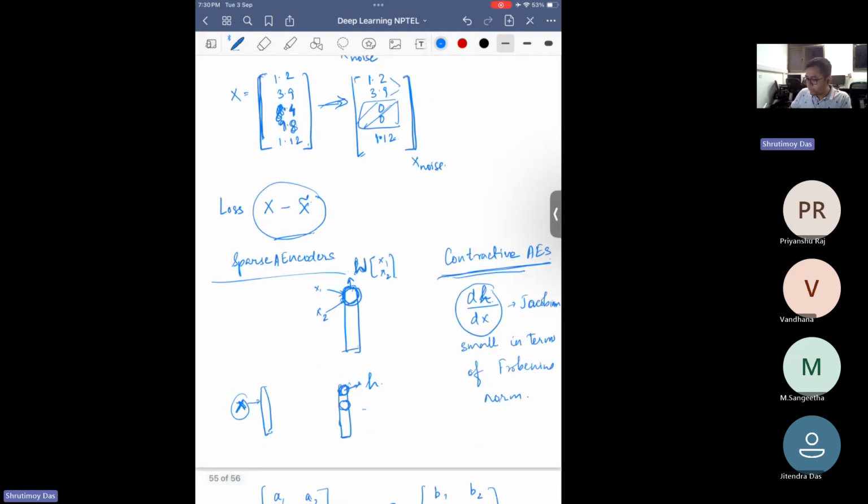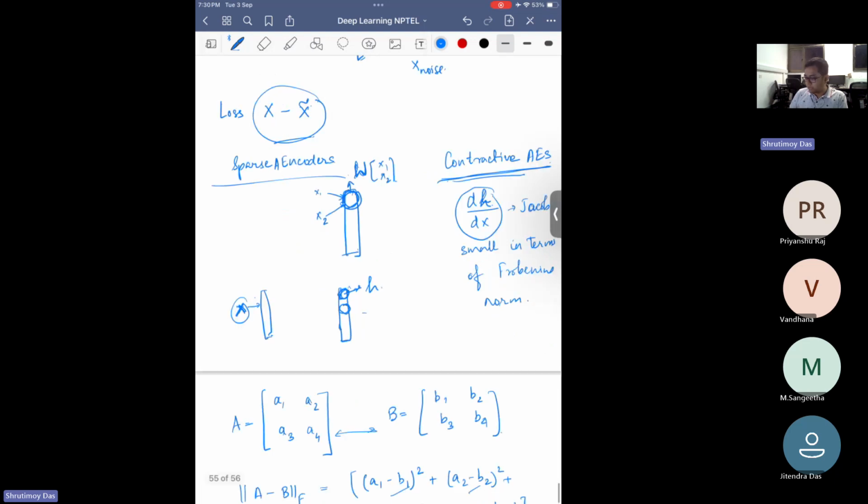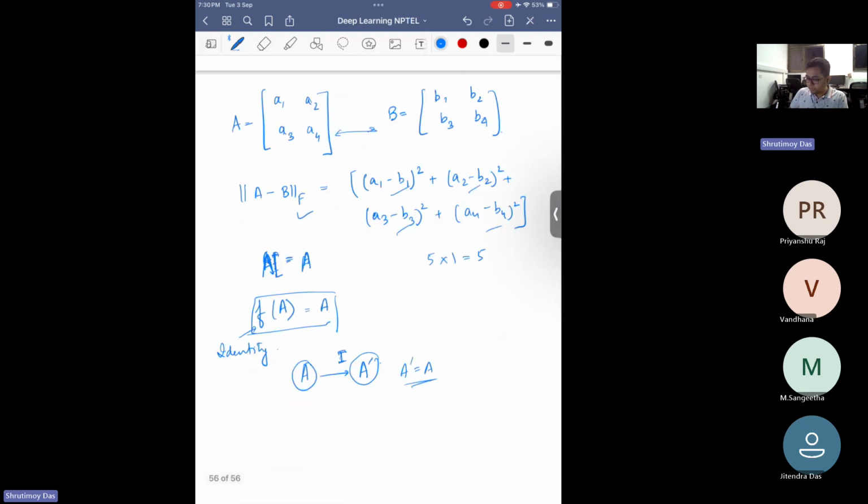Similarly, this contractive AE does not want your autoencoder to learn or memorize your data. That means if it memorizes, then if you give A, it will give A. If you give B, it will give B. Right? So that means it is just learning an identity function.